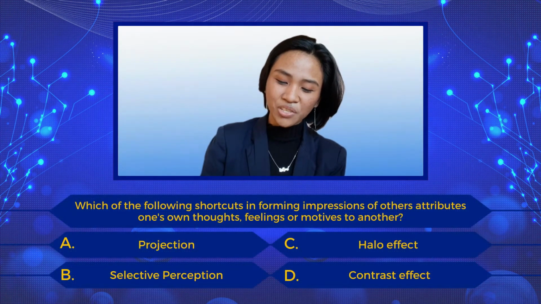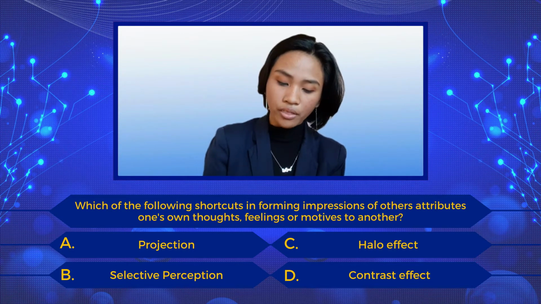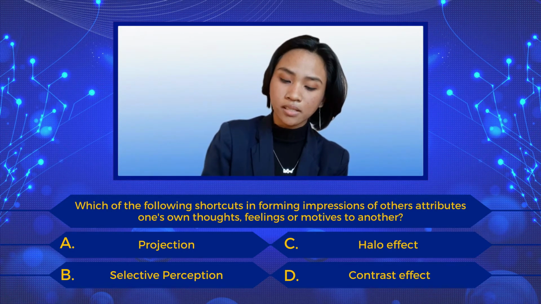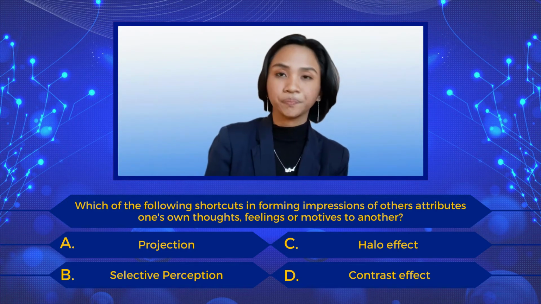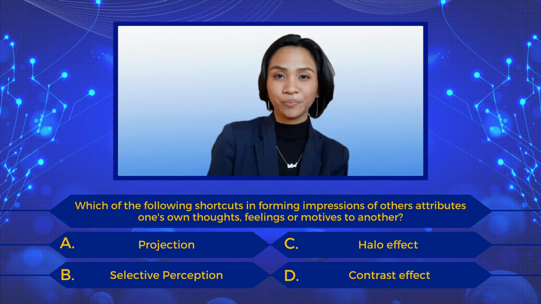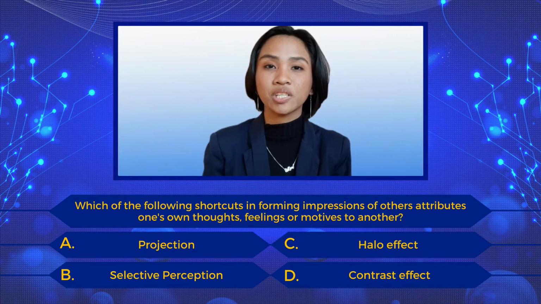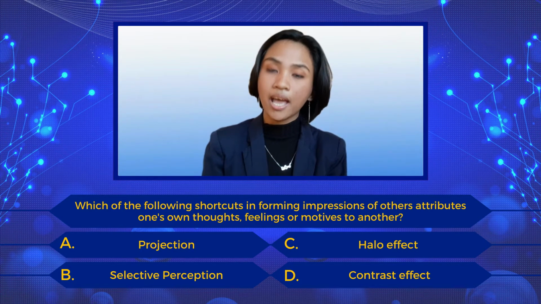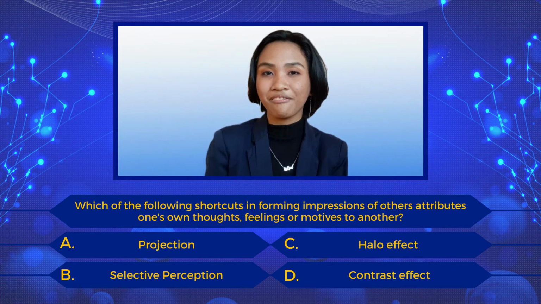Which of the following shortcuts in forming impressions of others attributes one's own thoughts, feelings, or motives to another? The choices are letter A, projection, letter B, selective perception, letter C, halo effect, letter D, contrast effects.